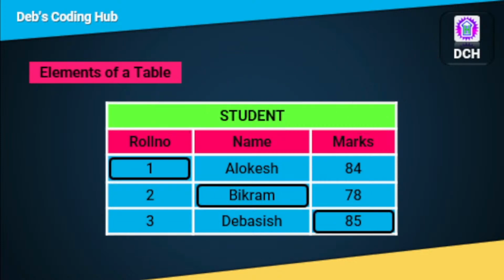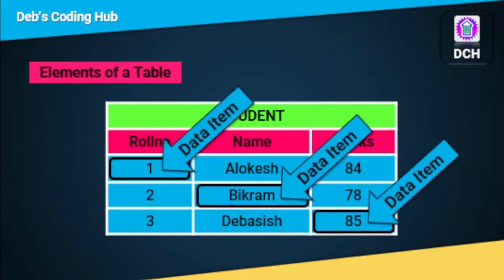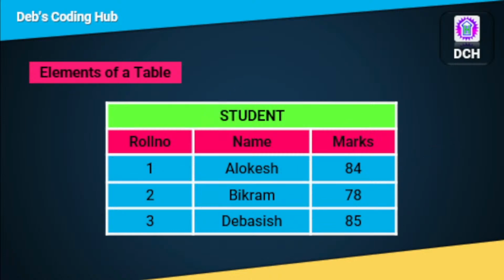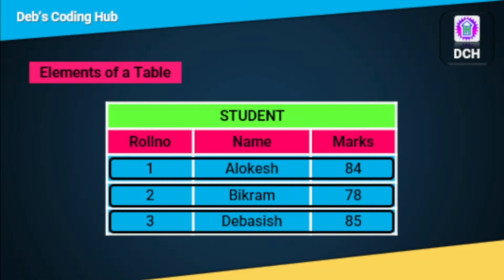Now, if I see the data stored in the intersection of column and row, this will give us a rectangular box where a single data is stored. These are actually called data items. So 1 is a data item, Vikram is a data item, and 85 is also a data item. Now after data items, we'll go for the individual rows that represent information of one student each.